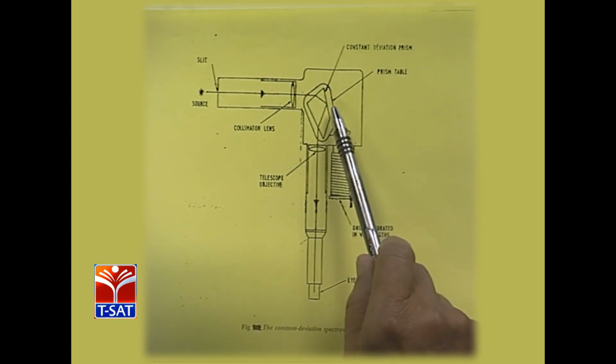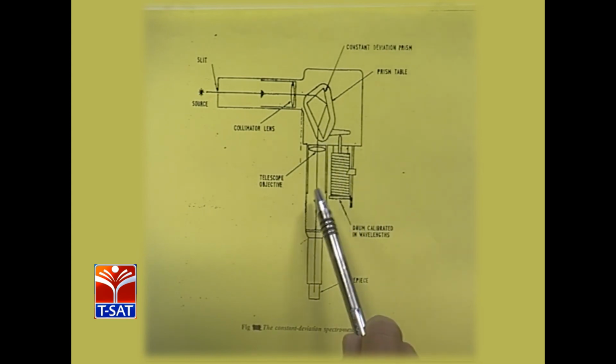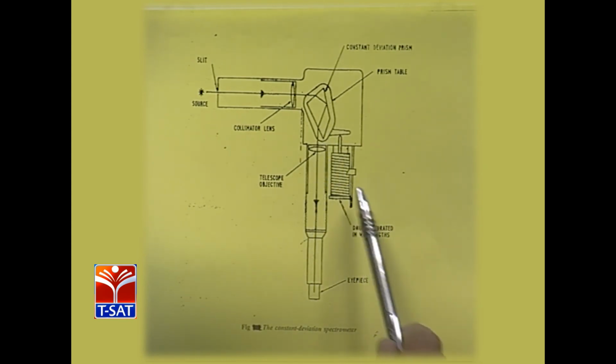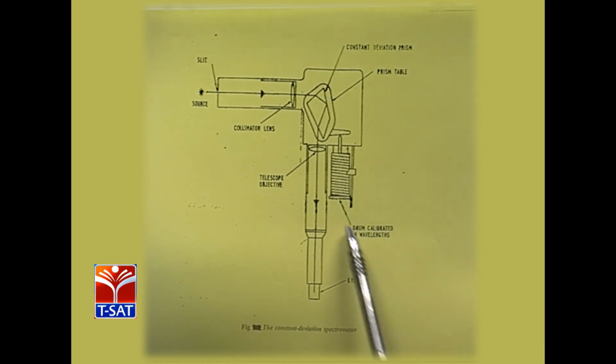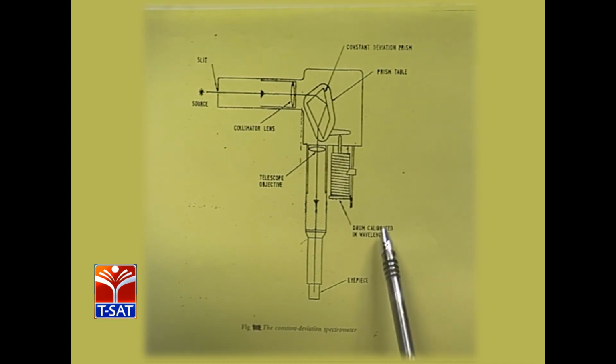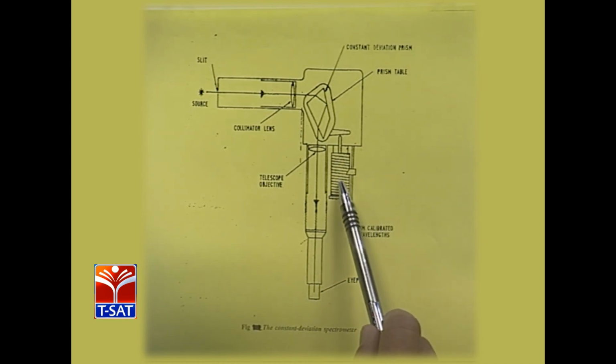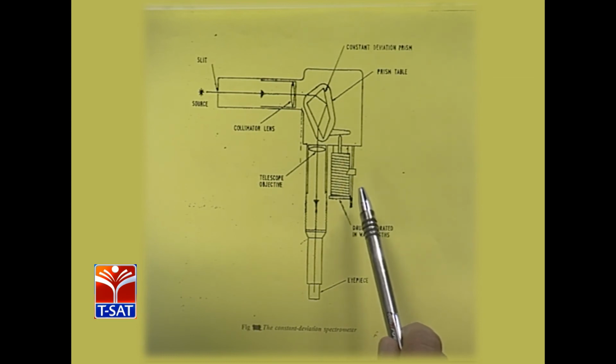This is a very important thing, through which the light will come out through the telescope, and here we have an additional facility of a drum. This drum, when rotated, is calibrated in terms of wavelengths. So, according to the wavelength that we are using, we will take the drum to that particular setting.